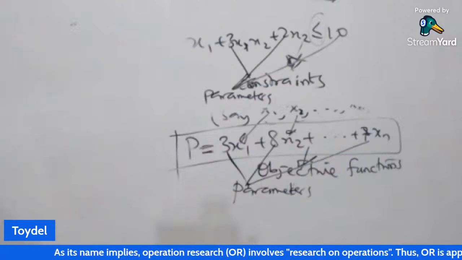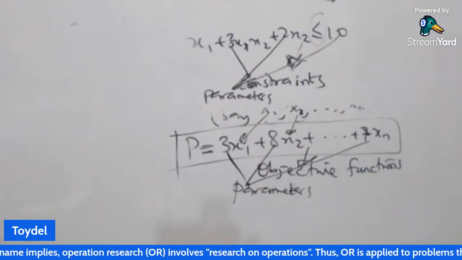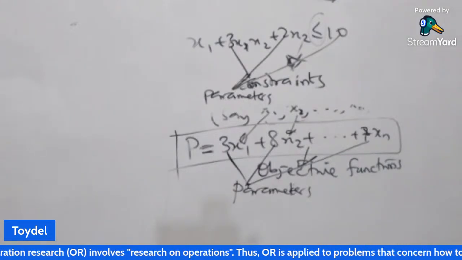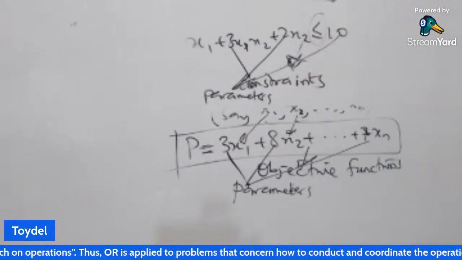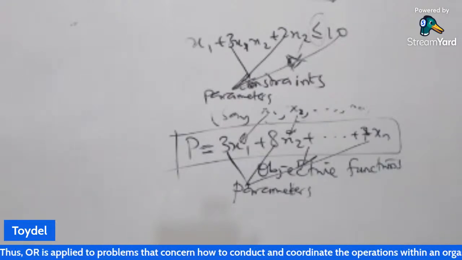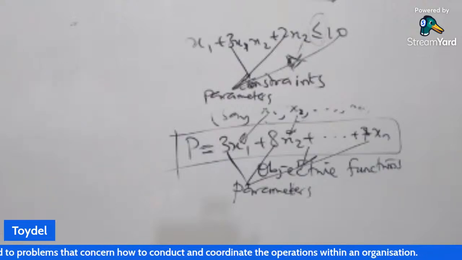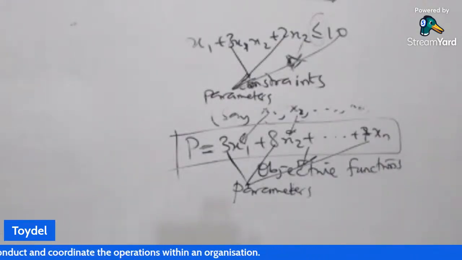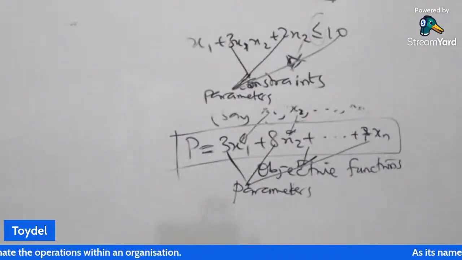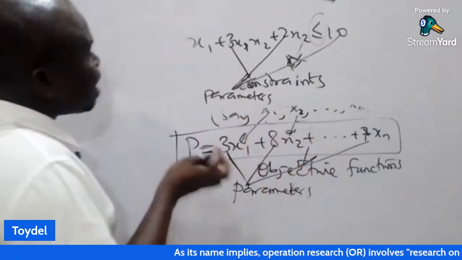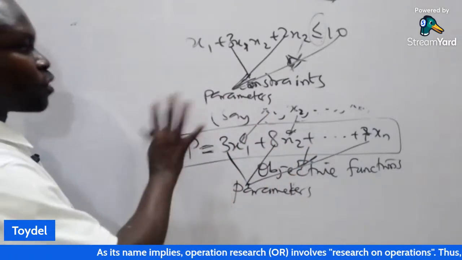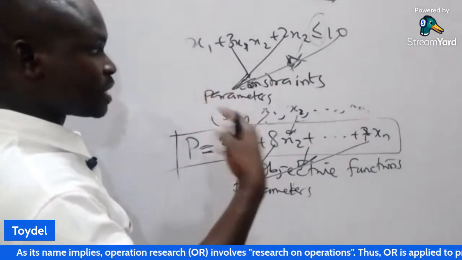I said we have so many tools that we use in operational research: linear programming, dynamic programming, queuing theory, inventory theory, and so on. By the time I introduce each of these concepts, I will briefly explain them, then come up with real-life examples so that we are able to solve them.